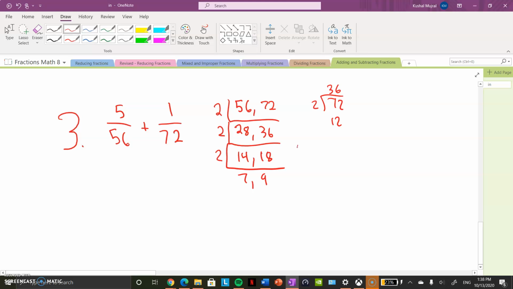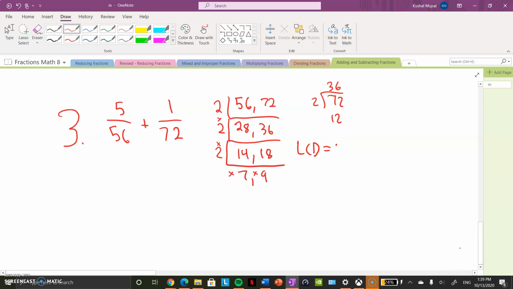And to find our lowest common denominator, that's this number times this number times this number times this times this. Okay, so that becomes 2 times 2 times 2 times 7 times 9.